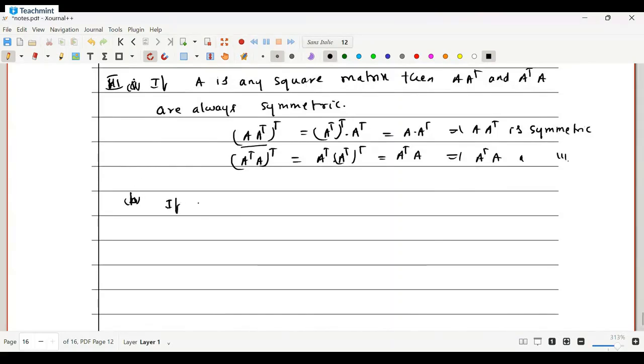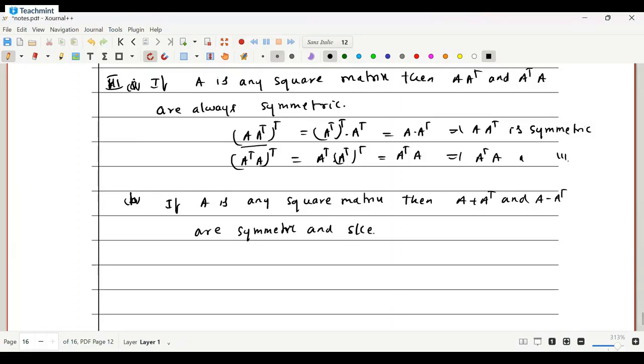If A is any square matrix, then A plus A transpose and A minus A transpose are symmetric and skew symmetric respectively.